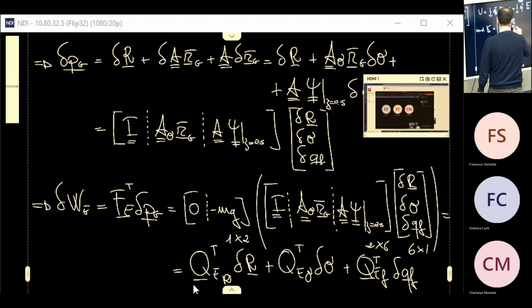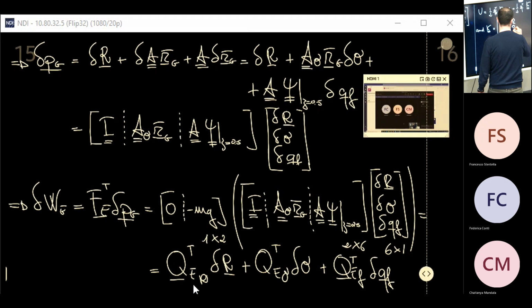But here now we can identify these Q's, which are the generalized external force vectors, the Lagrangian force vectors, which are what we are actually seeing in our formulation.